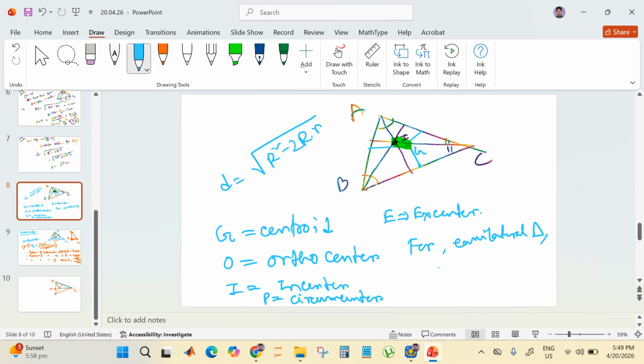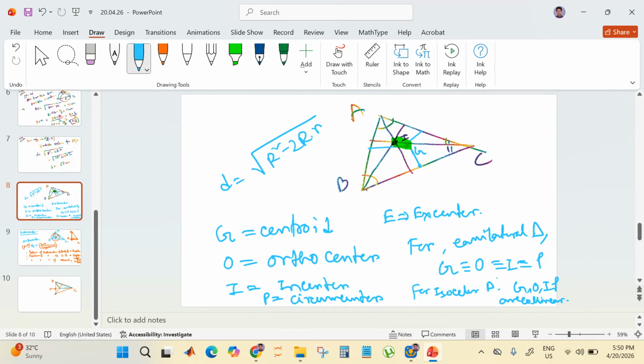equilateral triangle, G will be the same point, equal to O, equal to I, equal to P. Okay, these four are the same. G, O, I, P for an equilateral triangle. Equilateral triangle means all the sides are equal. And for an isosceles triangle, these G, O, I, P are collinear.